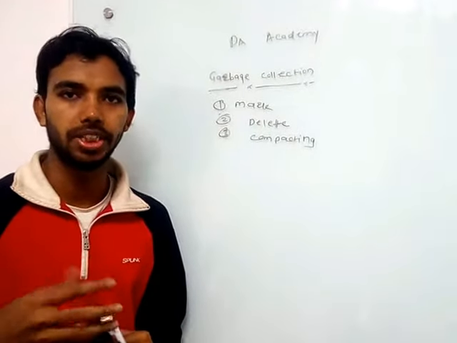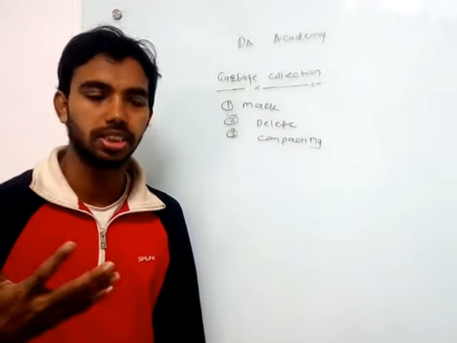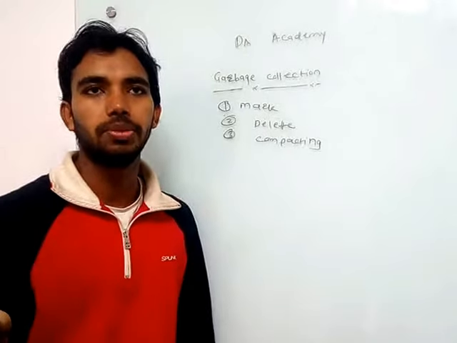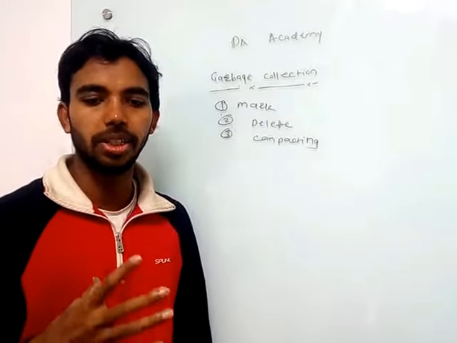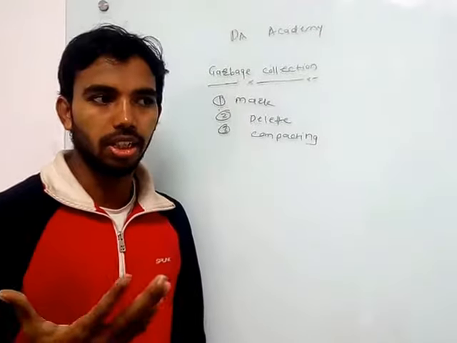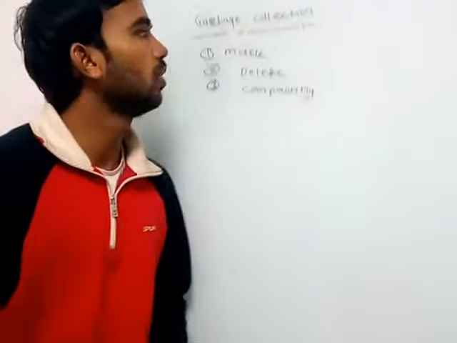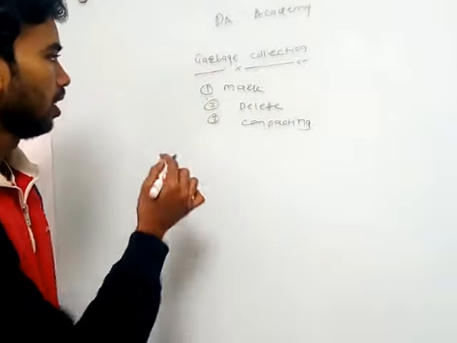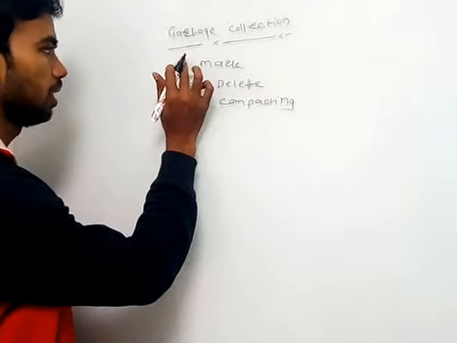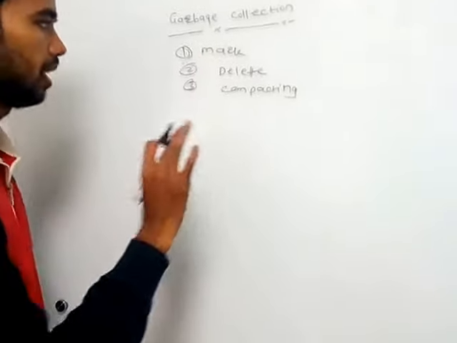When your object moves from one generation to the second generation, and finally reaches the stage where it can be removed from memory, that is the process. So we see these main three phases.